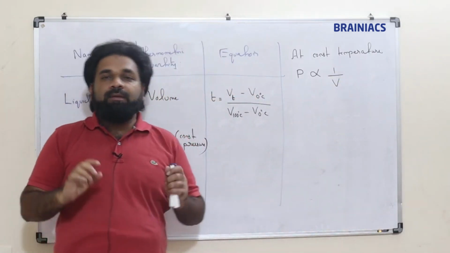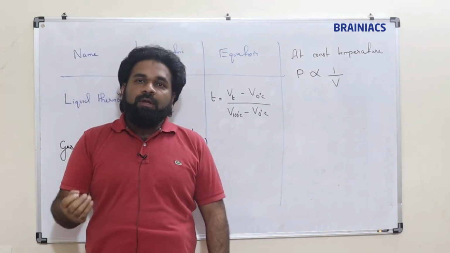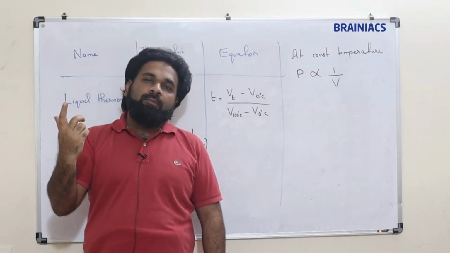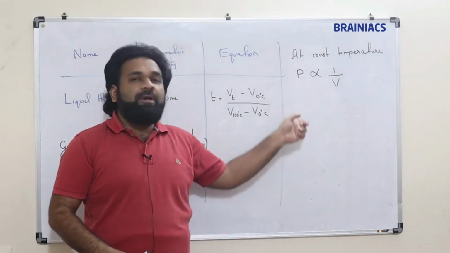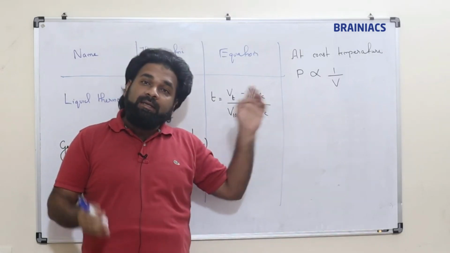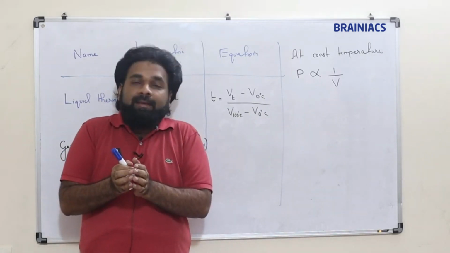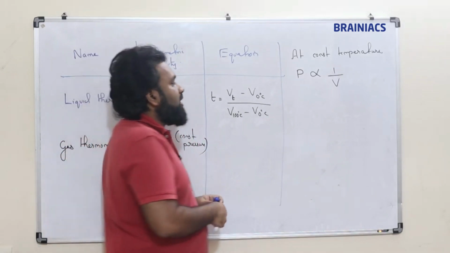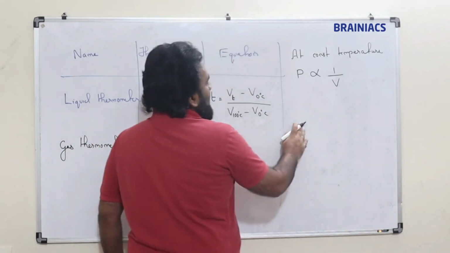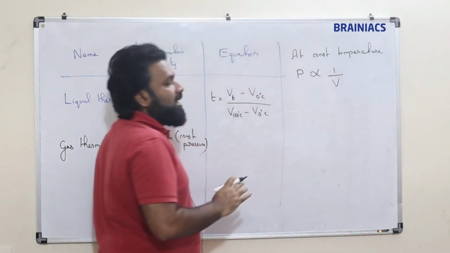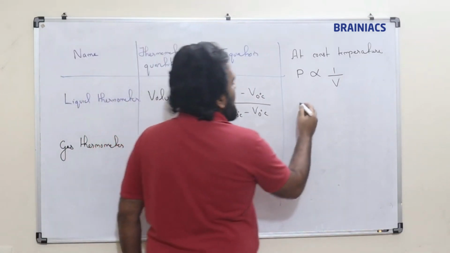That is, if we maintain constant temperature, then if we increase the volume, pressure will decrease. If we decrease the volume, pressure will increase. Okay, so this was found by a scientist named Boyle. So this is called Boyle's law.